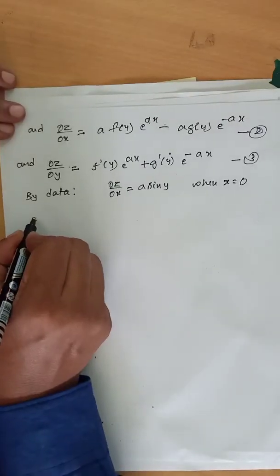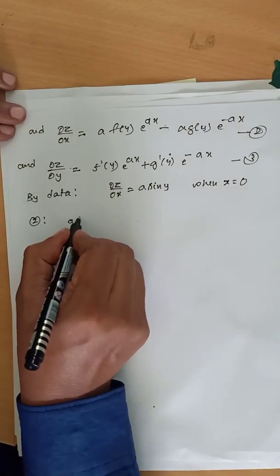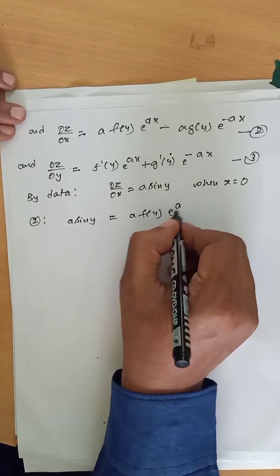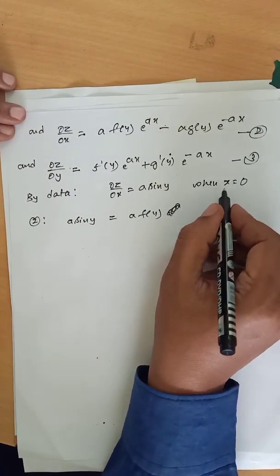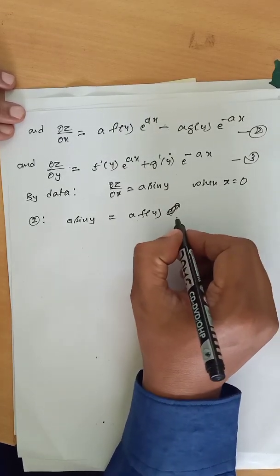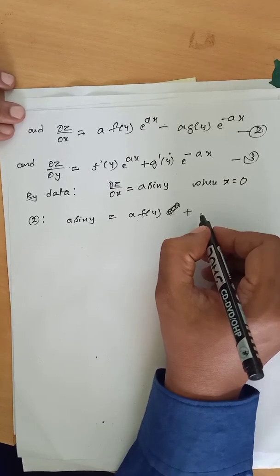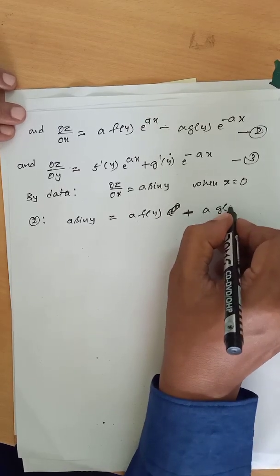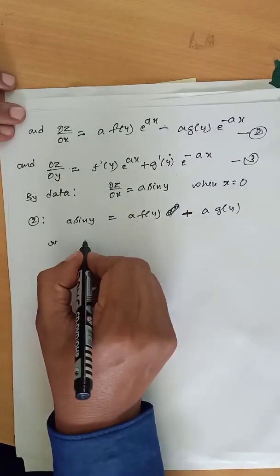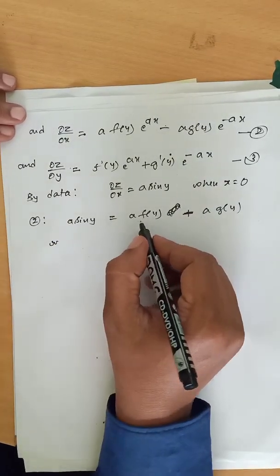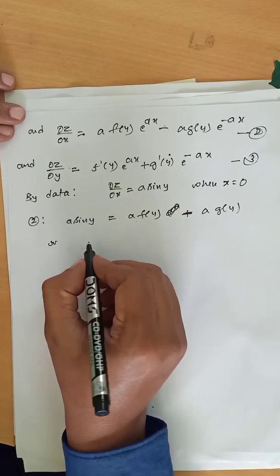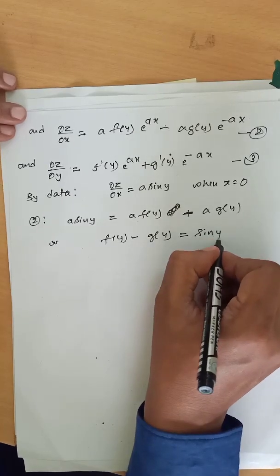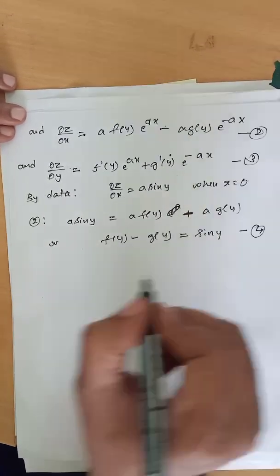So equation 2 becomes a sin y = a f(y) e^0, which is 1 because x is 0, minus a g(y). On both the left-hand side and right-hand side a is there, so cancel. So f(y) − g(y) = sin y. Call this equation number 4.